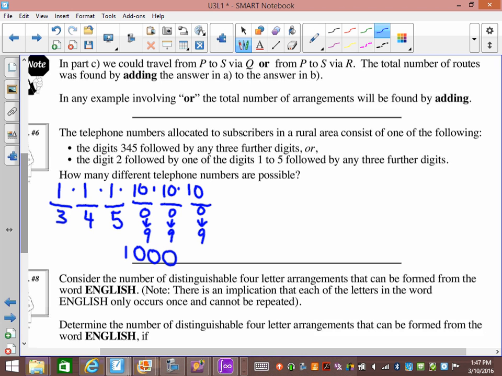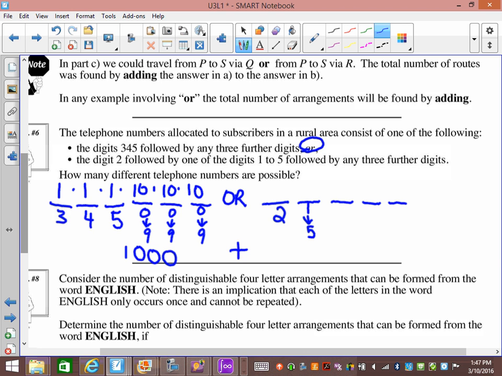Then it uses the word or. When I read the word or, what should you always think? Add. So I'm going to add these. Now this is my next option, the digit 2, followed by one of the digits 1 to 5, so I have the options 1 to 5, followed by any 3 further digits.